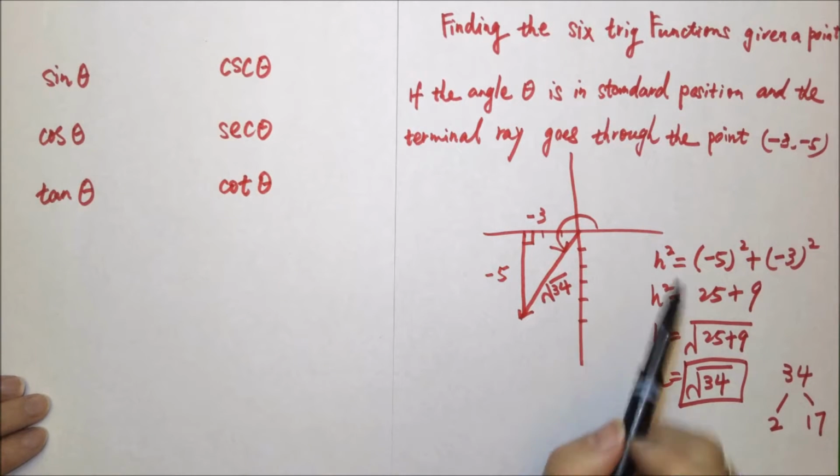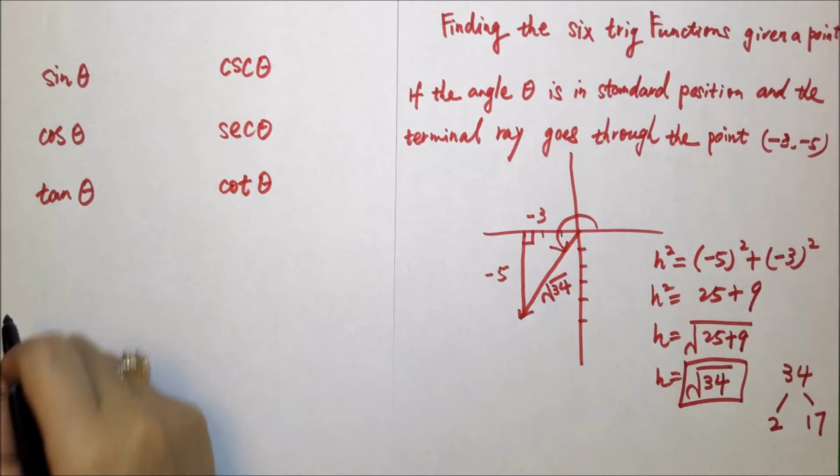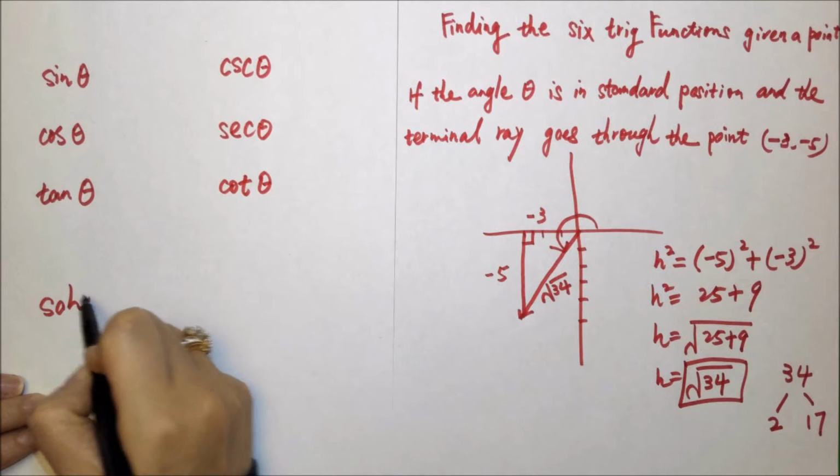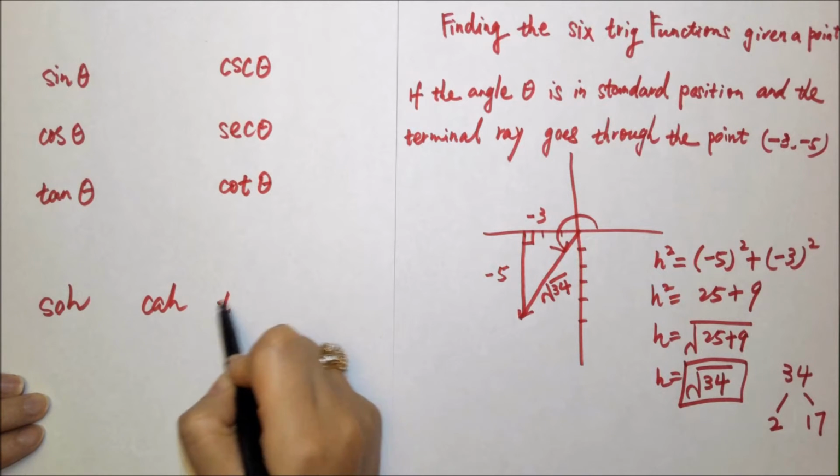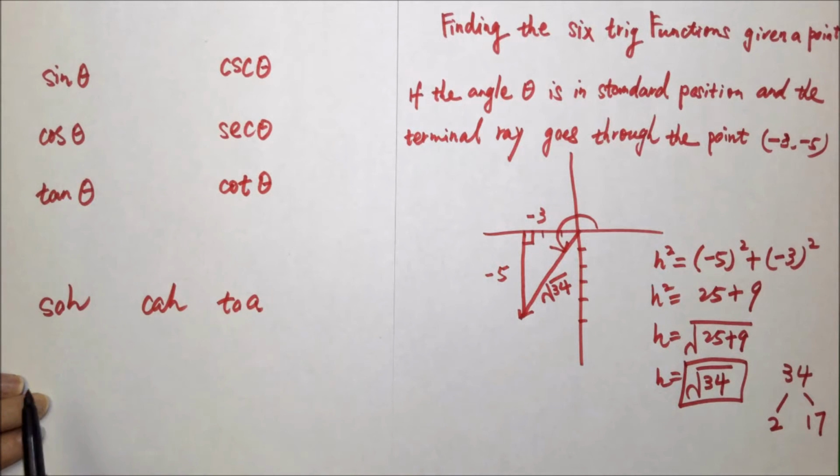For you to use this right triangle, you need to remember all the SOHCAHTOA. This means sine equals opposite over hypotenuse, cosine equals adjacent over hypotenuse, tangent equals opposite over adjacent.